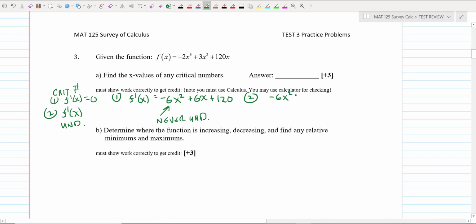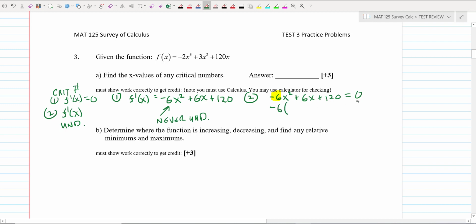So what I'm going to do is set this first derivative equal to 0. Now, this is a quadratic equation. You want to try to solve this by factoring. A good way to start is to take out the common factor of negative 6. You could also just take a 6 out, but I generally recommend if the number in front of the highest power is negative that you take it out.